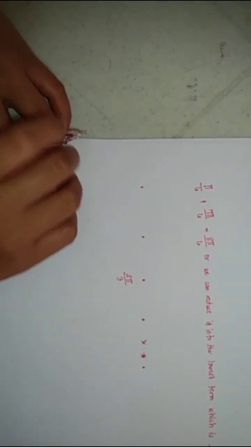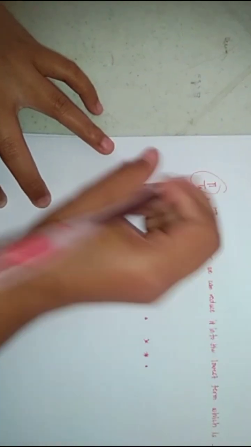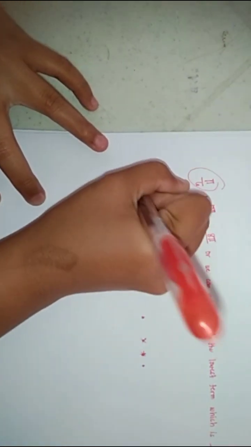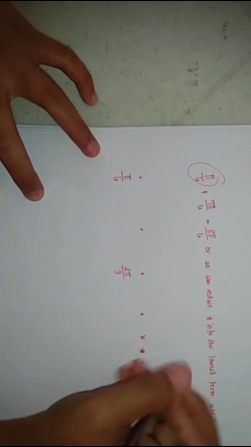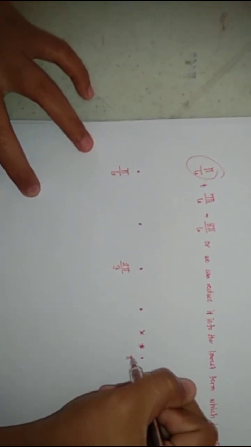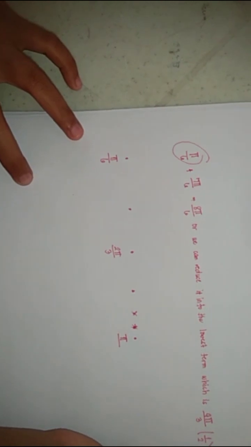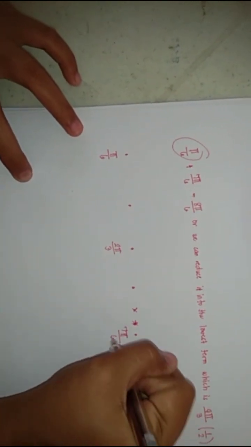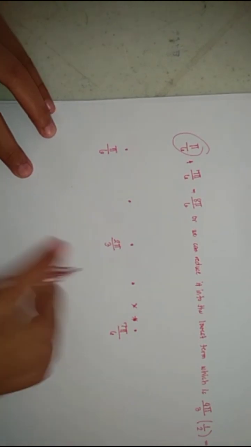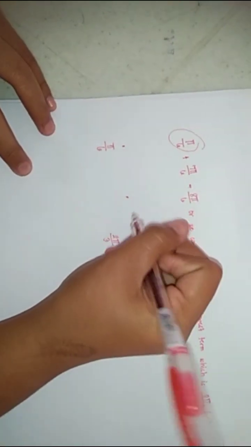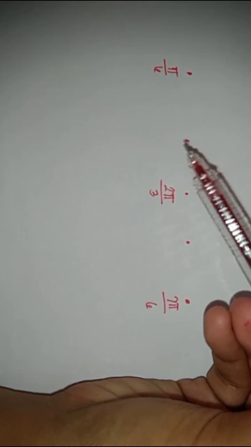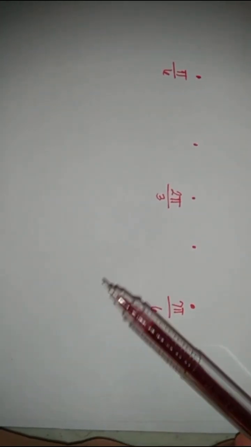And the starting point is the phase shift, pi over 6, and the endpoint is 7 pi over 6. So after we gathered the starting point, center, and the end point, now we can proceed finding the answer for the remaining points.